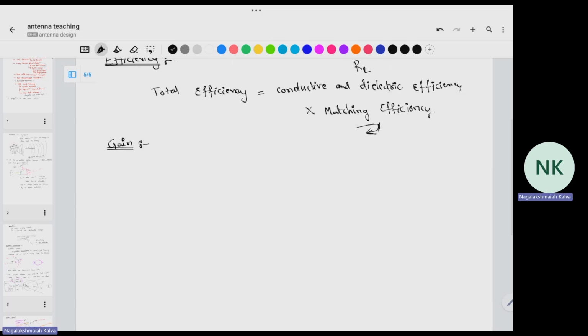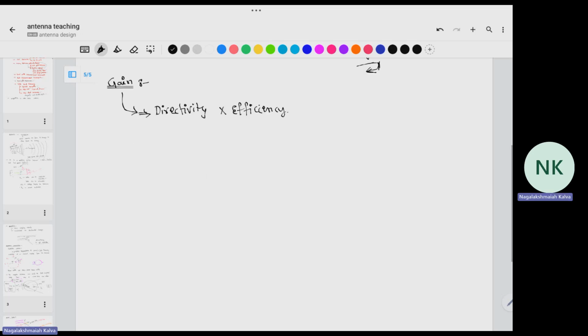Gain is nothing but the multiplication of directivity and efficiency. So here the gain term itself is defined as directivity and efficiency.